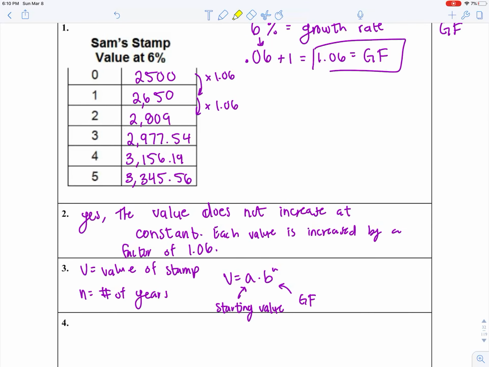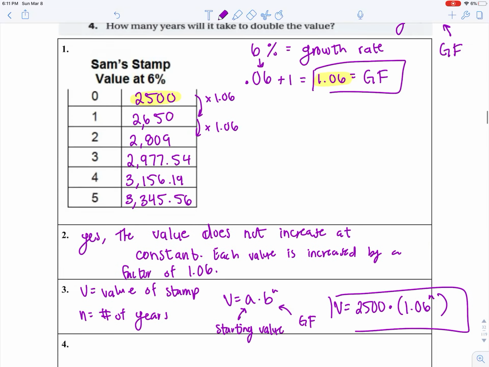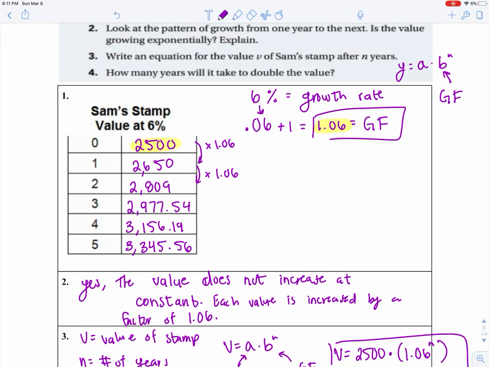So we have both of those pieces of information. We have our initial value and we have our growth factor. So let's just plug them in. So v is equal to 2,500 times our growth factor, which is 1.06, and we're going to put that to the n power. And there is our lovely equation.